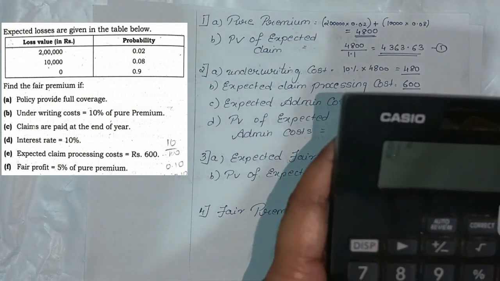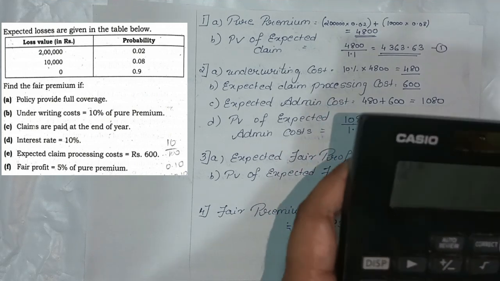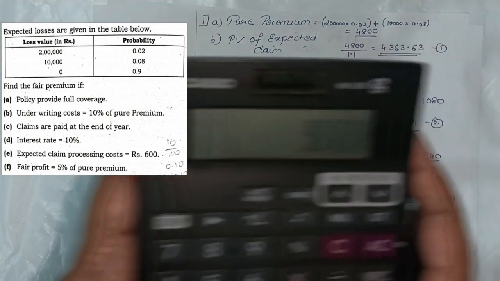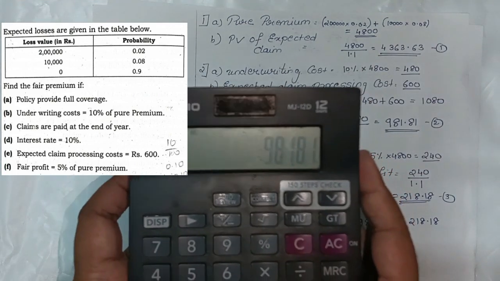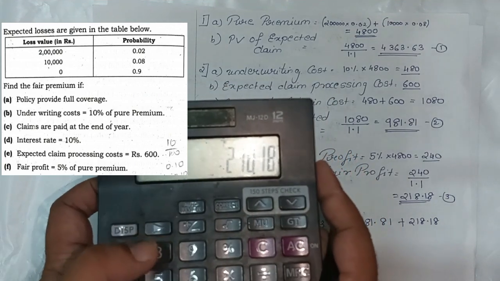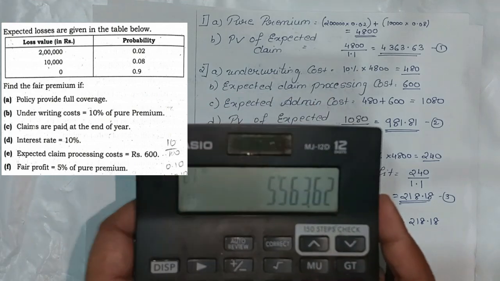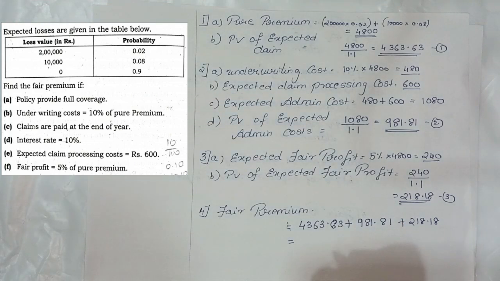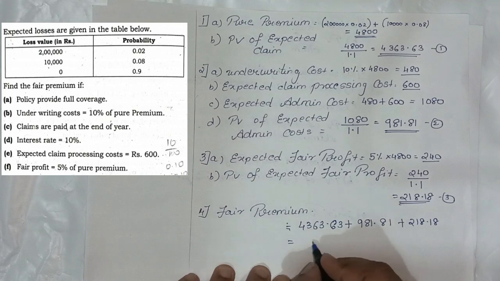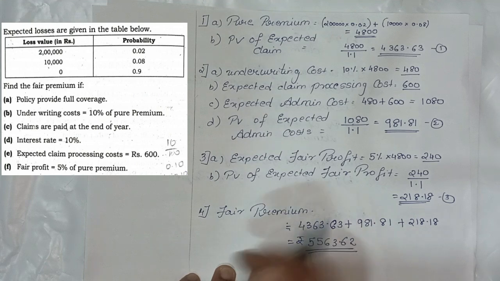So 4,363.63 plus 981.81 plus 218.18. The total comes to 5563.62. So that's our final answer. Fair premium for this particular problem sum was 5563.62 rupees.